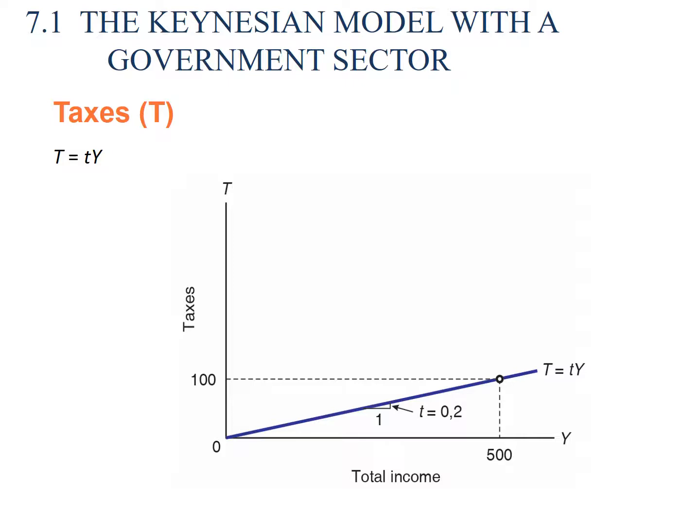To illustrate that more clearly, let's use a simple example. Suppose the tax rate is 0.2. That means of all the income that an individual earns, 20% of that income is collected by the government as part of the tax that the individual must pay.